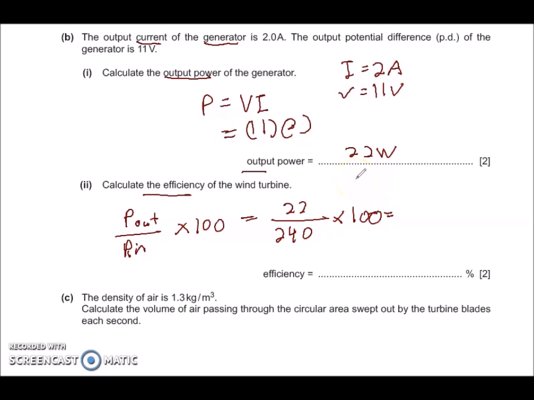You'll be getting there 9.1666. So you can actually round off this number to make it 9.2%. You okay with this? So that's the answer for the B1 and 2. So you are getting 2 marks and 2 marks over here.